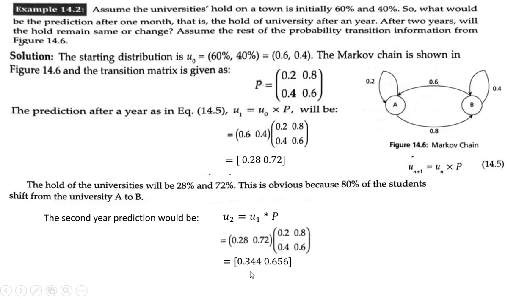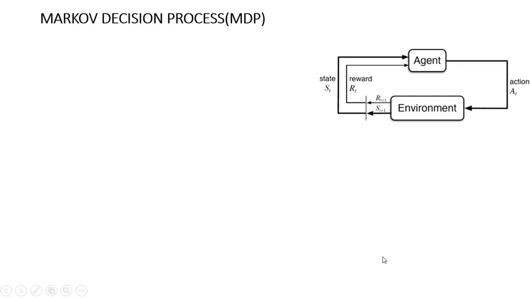After multiplication, these are the values we get, which means that after the second year, the hold in University A is 34.4%, and the hold in University B is 65.6%.